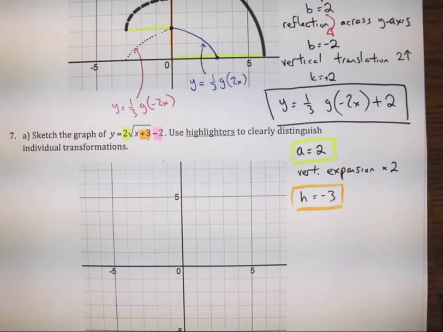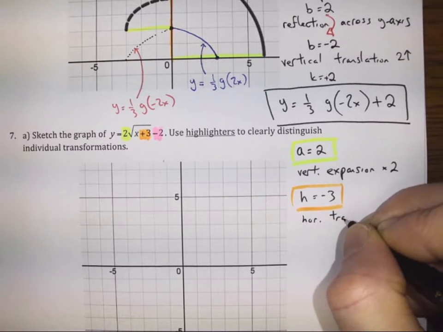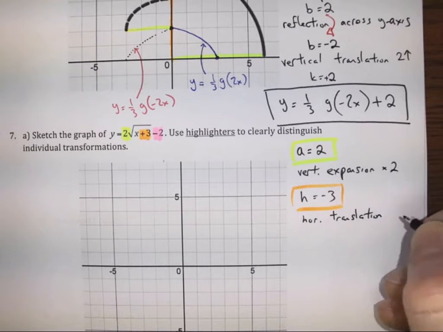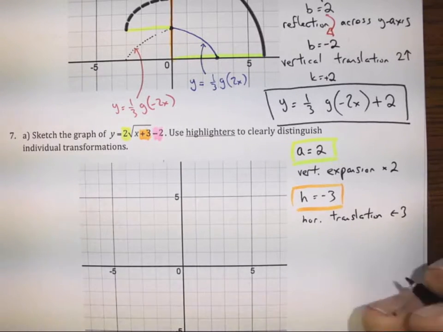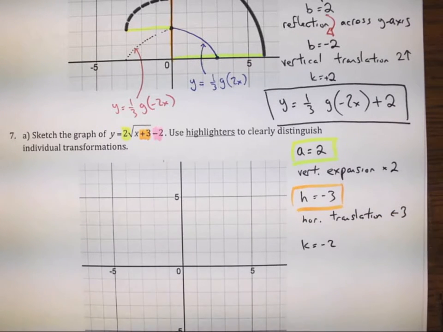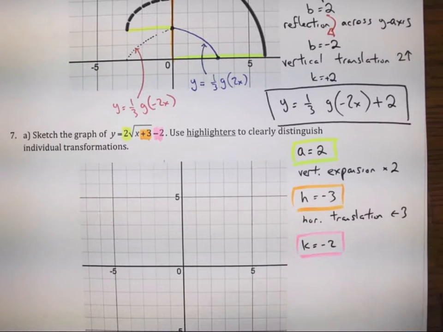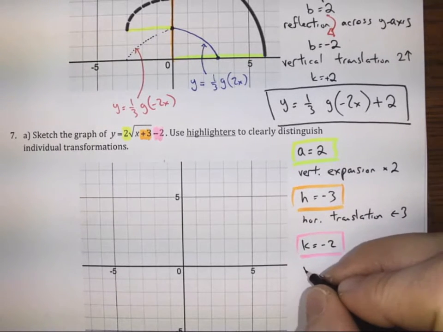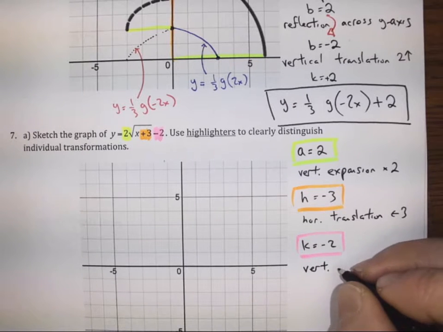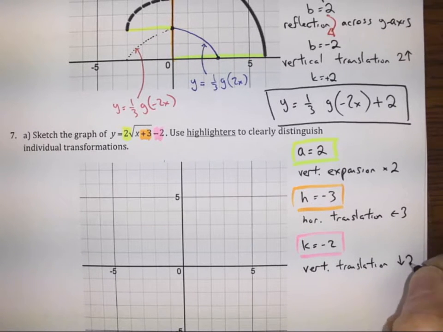And that means we are having a horizontal translation to the left 3. And lastly, we have this k value of negative 2, which means we have a vertical translation down 2.